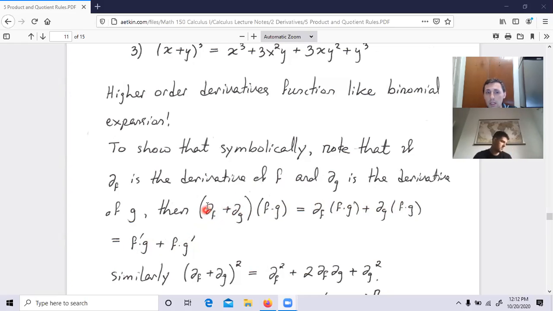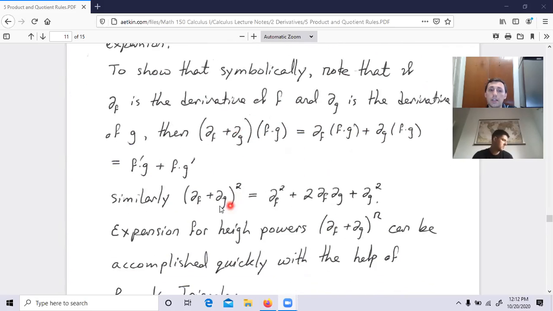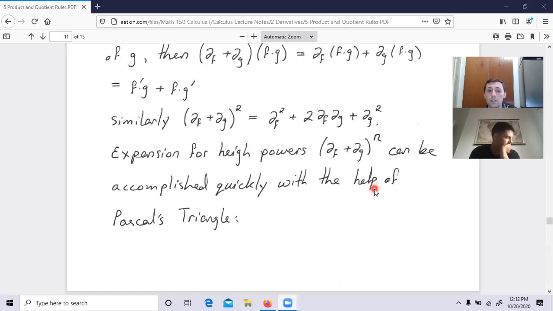I'm using partial f and partial g to indicate: just take the derivative of f, just take the derivative of g. So the expansion, in other words, is to do derivatives twice. That would be the derivative of f plus the derivative of g, squared, which will be derivative of f squared, plus 2 times derivative f derivative g, plus derivative g squared.